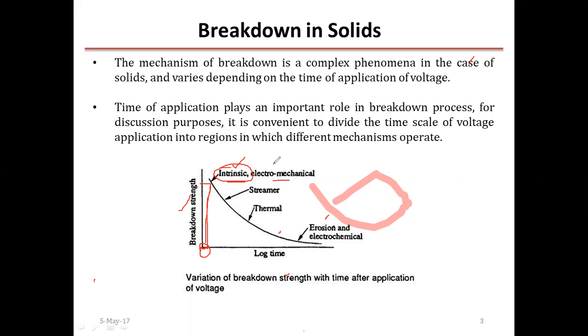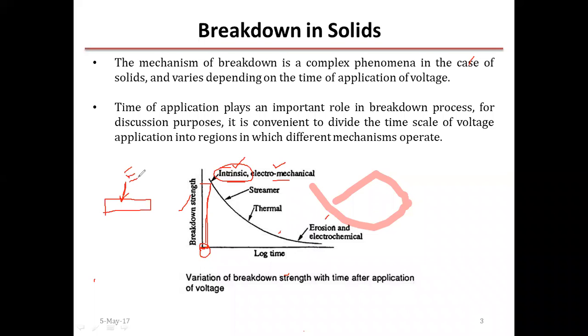The second reason may be the electromechanical stress. When the electric field is applied, you know, stress and strain are mechanical processes. So stress and strain can be caused by the electric field. When the electric field is applied, the material may contract, it may expand, not due to a physical force but due to the electrical force.